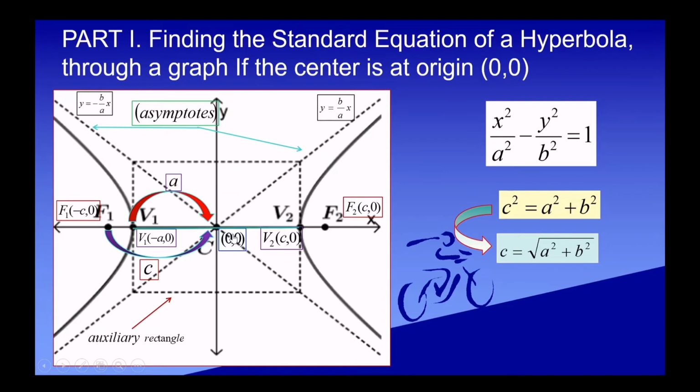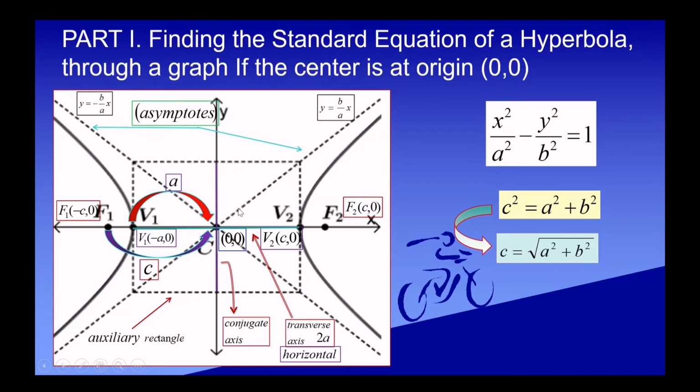And the other part of the graph of the hyperbola is the transverse axis, that is joining the two vertices V1 and V2. Since a units away from the center is a, since dalawa, it is 2a, and horizontally directed. And we have also the conjugate axis, yun ay perpendicular to the transverse axis.